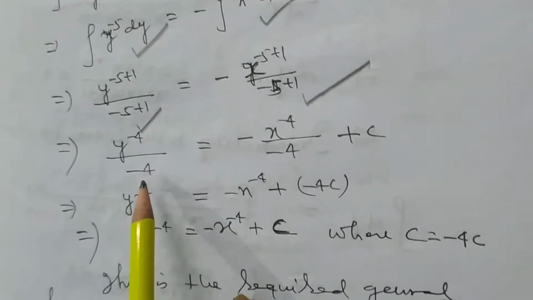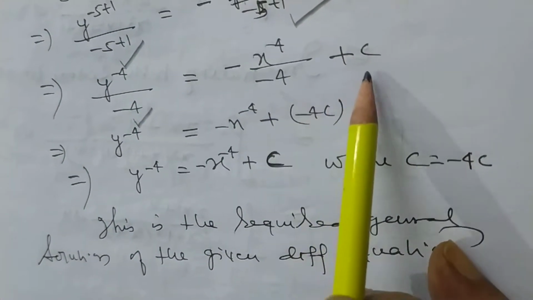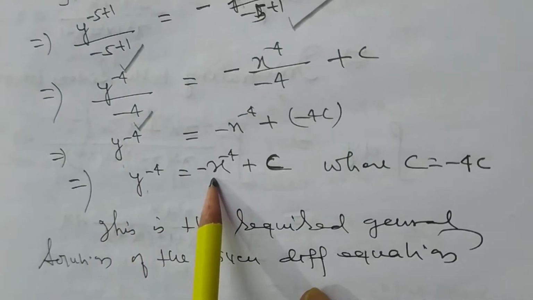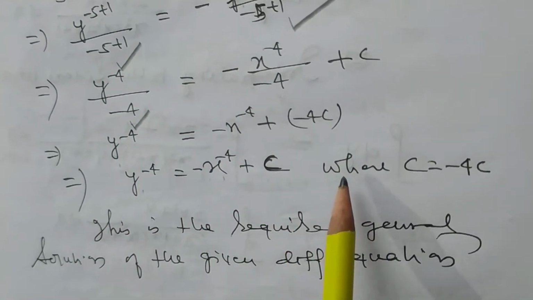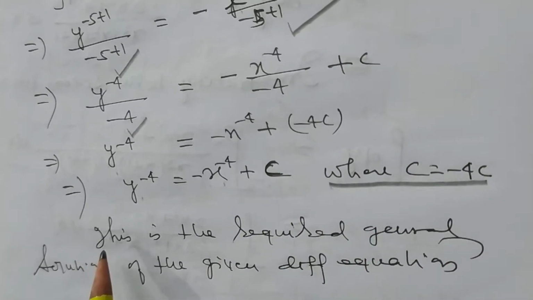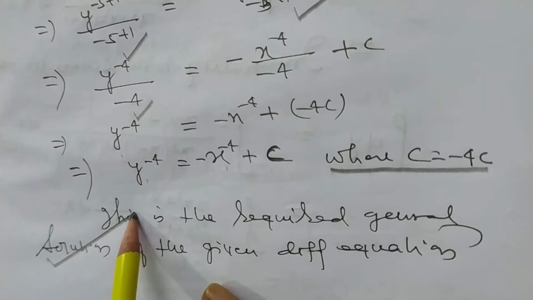So it is y to the power minus 4 by minus 4, it is minus x to the power minus 4 by minus 4 plus c. And finally we have y to the power minus 4 is equal to minus x to the power minus 4 plus c, where c is equal to minus 4c. So this is the required general solution of the given equation.